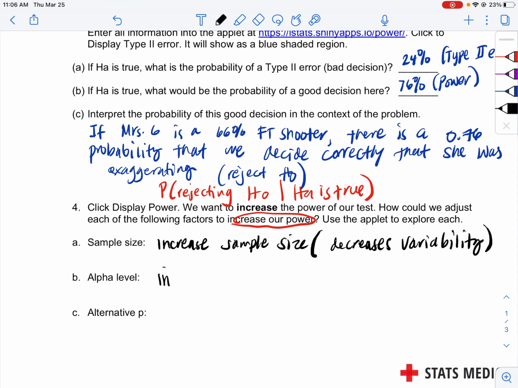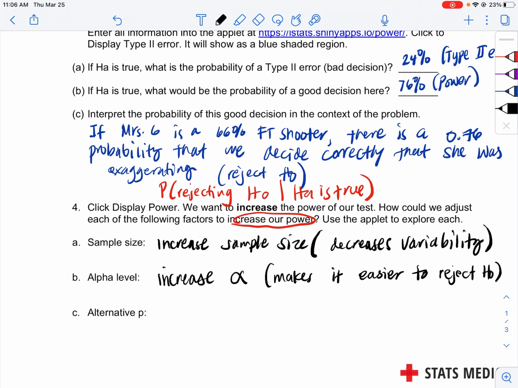For alpha level, we want to increase alpha in order for us to increase the power, because it makes it easier to reject H0.